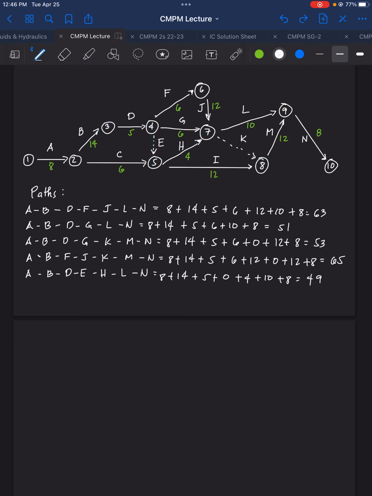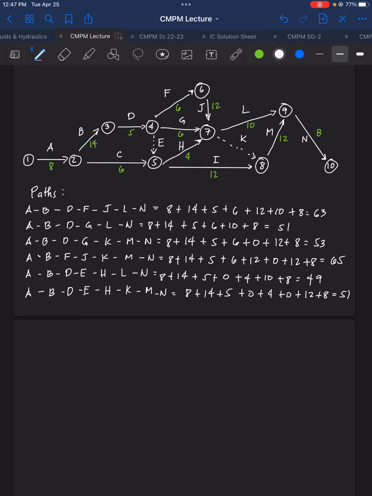So we have here A, B, D, E, H, K, M, N. That is equal to 8 plus 14 plus 5 plus 0 plus 4 plus 0 plus 12 plus 8, and that is 51 weeks.